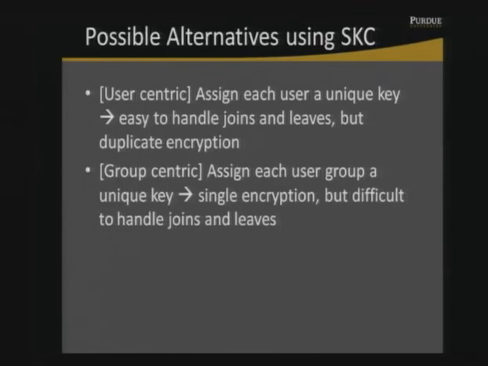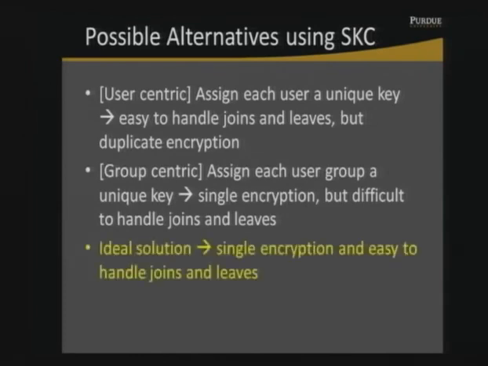So this will solve the problem of duplicate encryption, but it won't solve the problem of handling user dynamics. When one user leaves, you will have to update the keys given to all the users in that group. So we need to be intelligent in order to overcome these limitations.